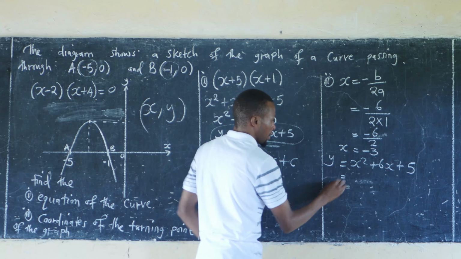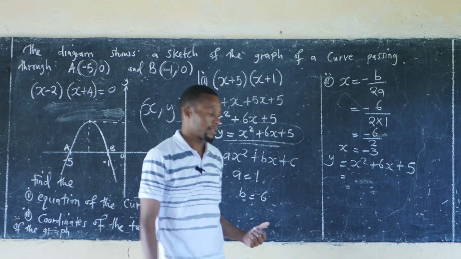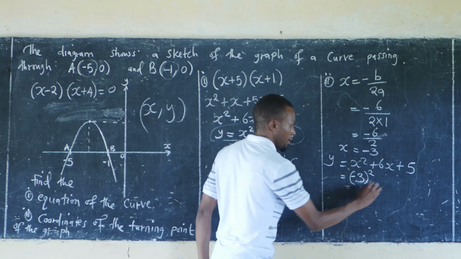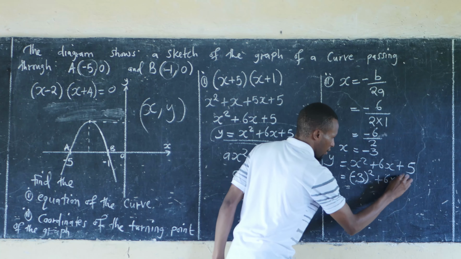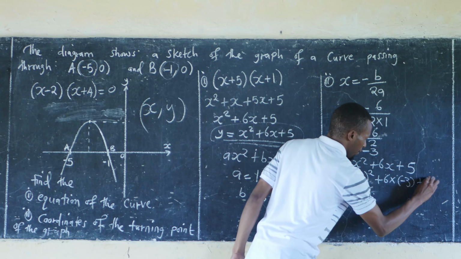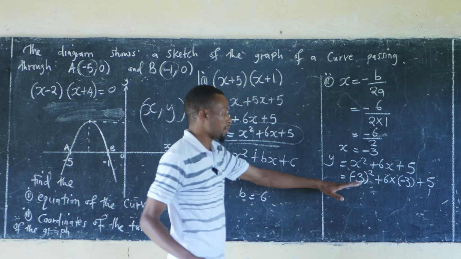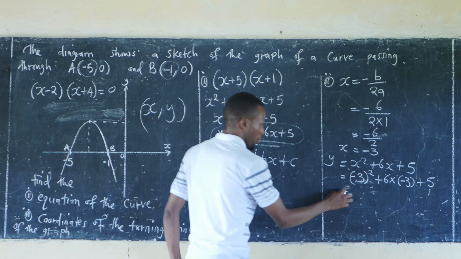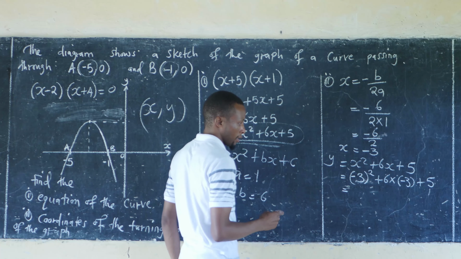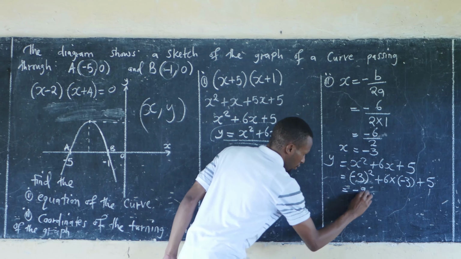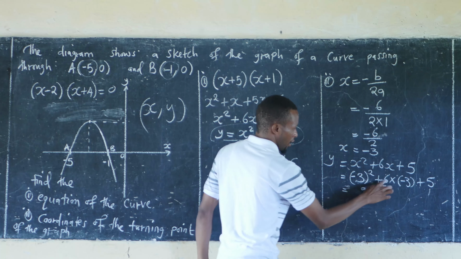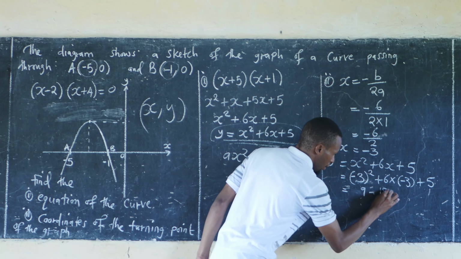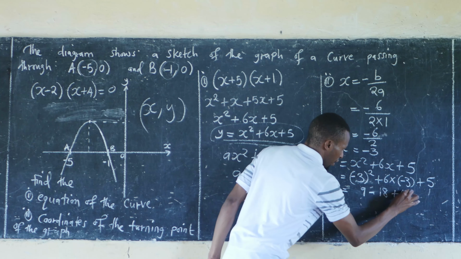We put negative 3 where there is x: negative 3 in brackets, squared, plus 6 times negative 3 plus 5. We start with the power and then the multiplication. Negative 3 squared is positive 9, and 6 times negative 3 is negative 18, then plus 5.